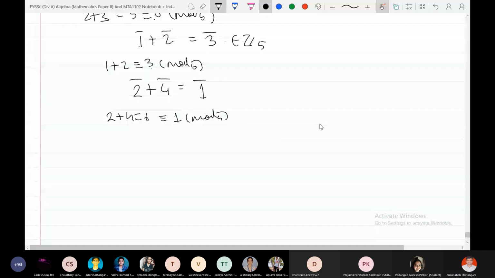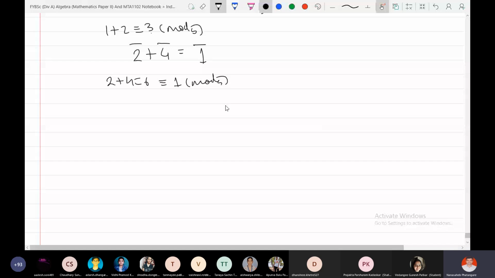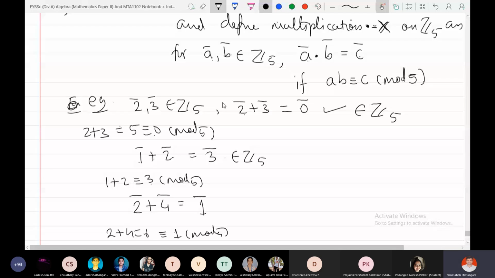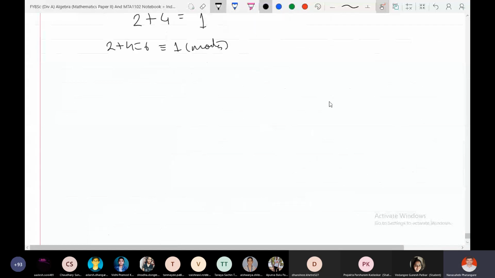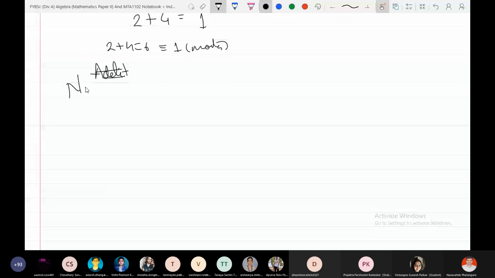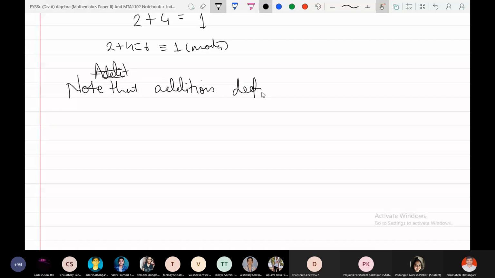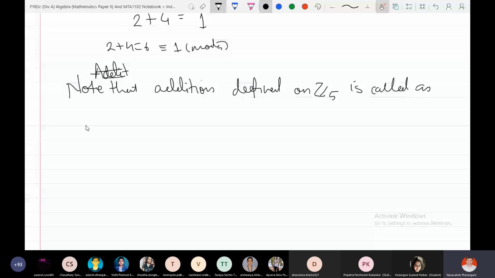Fine. Now can you work out all the possible additions? You should perform all the possible additions. So let us construct a table which will give you an easy way, right? So, addition table. So note that addition defined on Z5 is called an addition modulo 5.